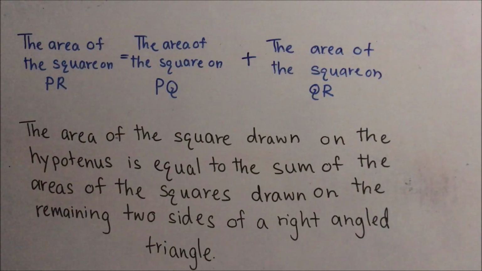Therefore, the area of the square drawn on the hypotenuse is equal to the sum of the areas of the squares drawn on the remaining 2 sides of a right angled triangle.